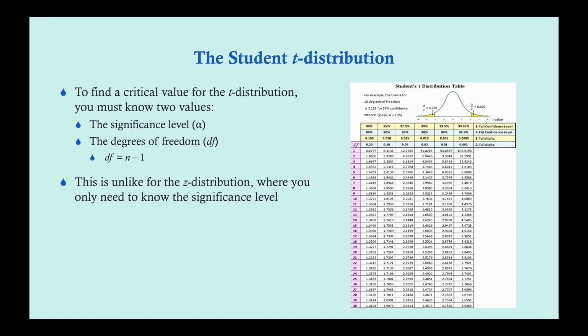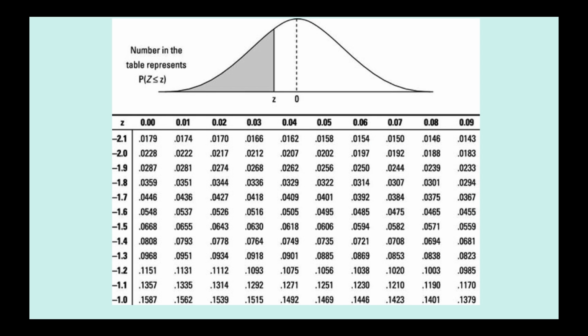So to find a critical value for your t distribution, you need to know two values, and that is different from the z distribution. Remember, for the z distribution, you only need to know the significance level. So for instance here, if you want to find the critical value for a significance level of 0.05, then all you need to know is that you want to find for 0.05.